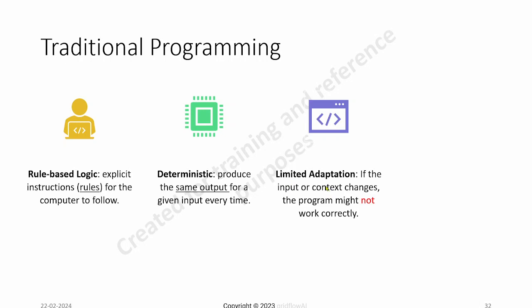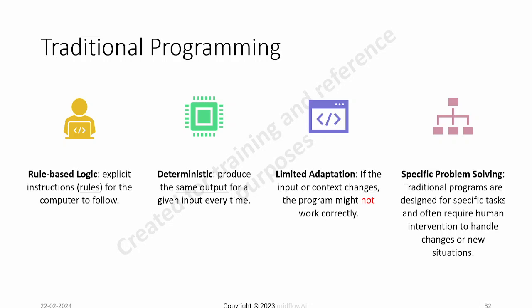So traditional programming is also limited in terms of adaptation. That means with changing data, the traditional program is not going to change its behavior. Whereas in machine learning, we want the model to contextualize its understanding based on the data.